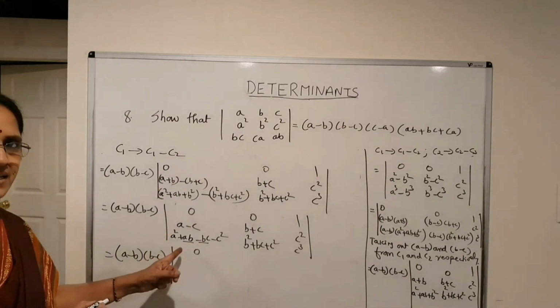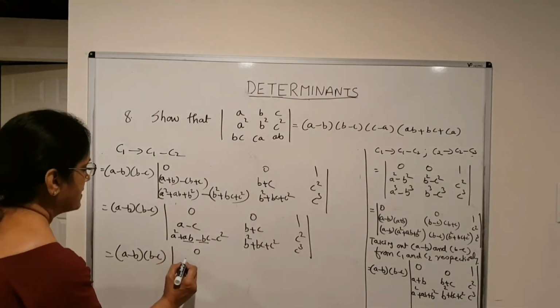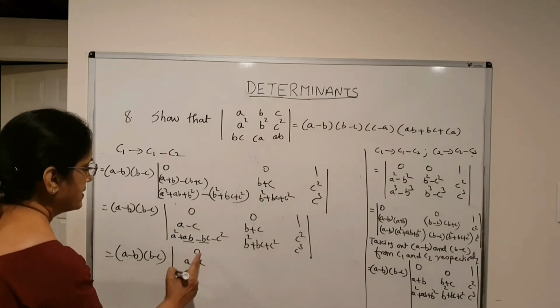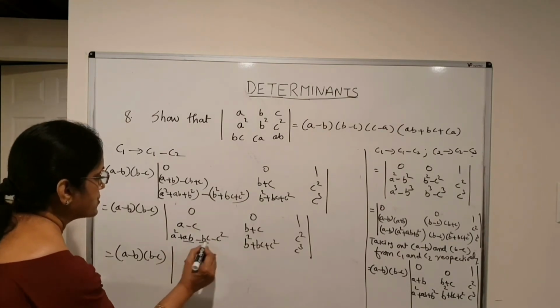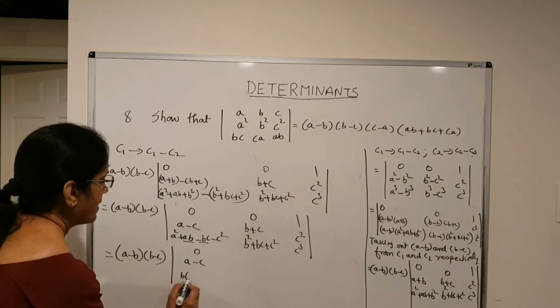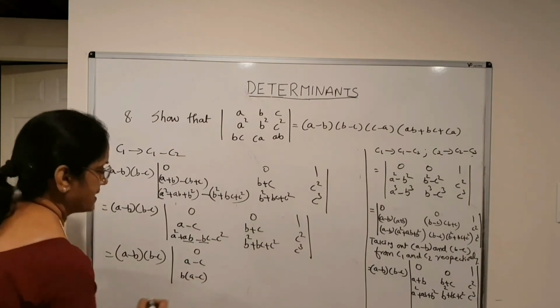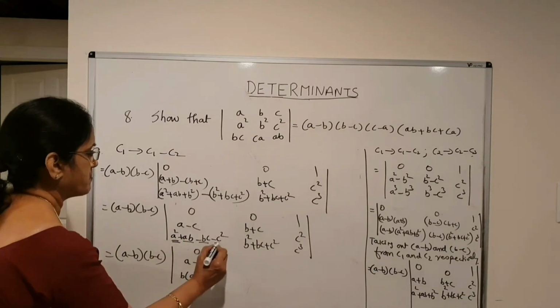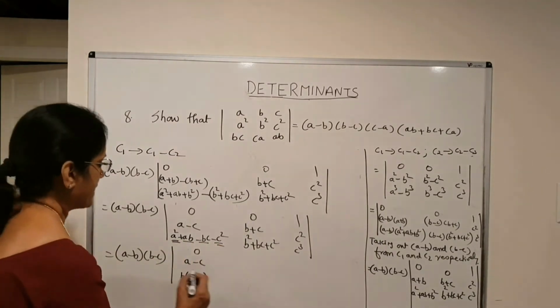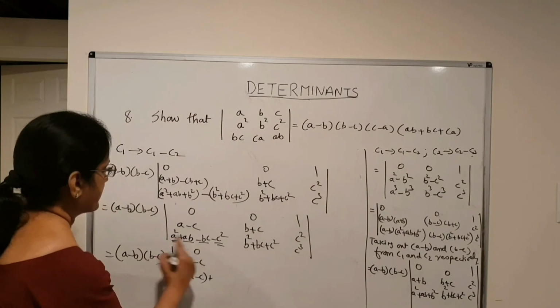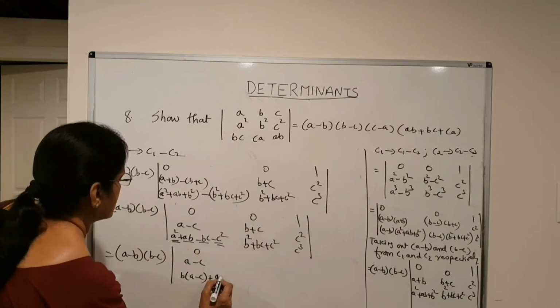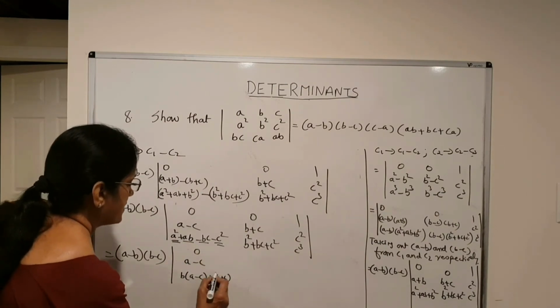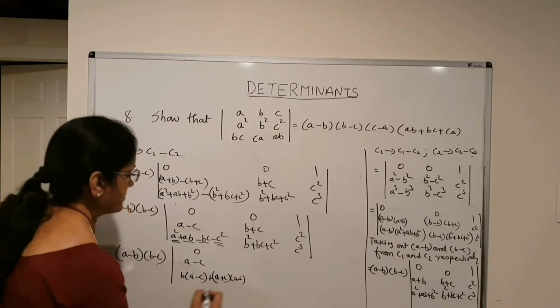B can be taken out. What will I have here? This A minus B will repeat here. I can take out in these two terms B. I will have A minus C inside. Then plus A, I can combine now A square and minus C square. I will be getting plus A plus C into A minus C.